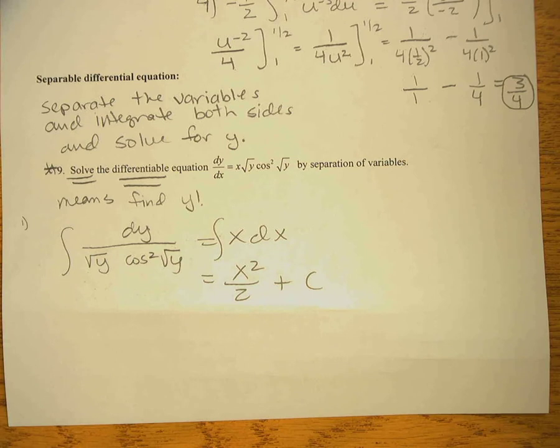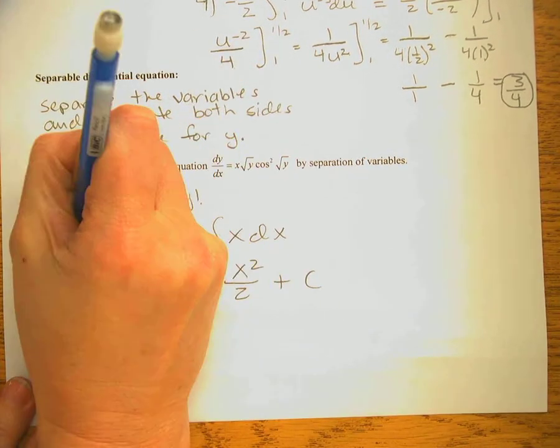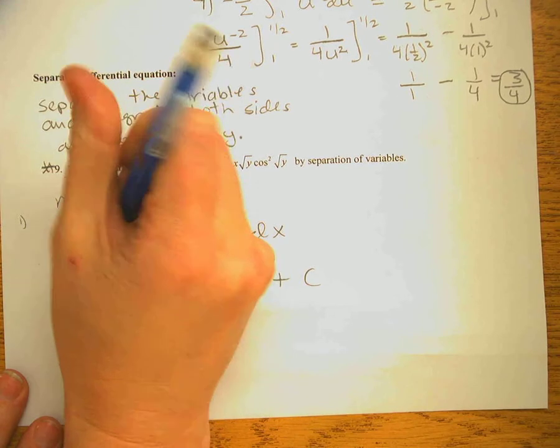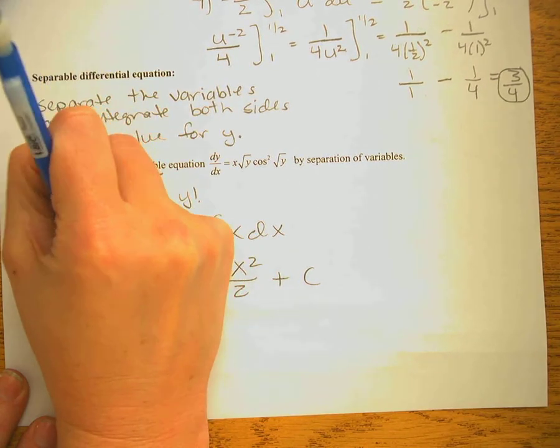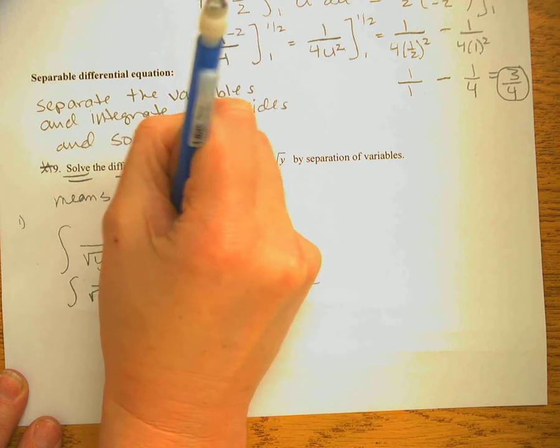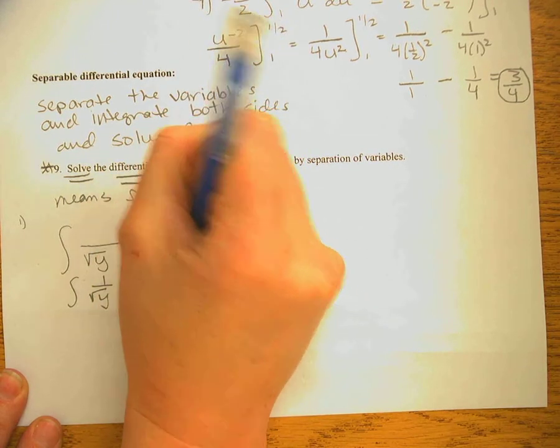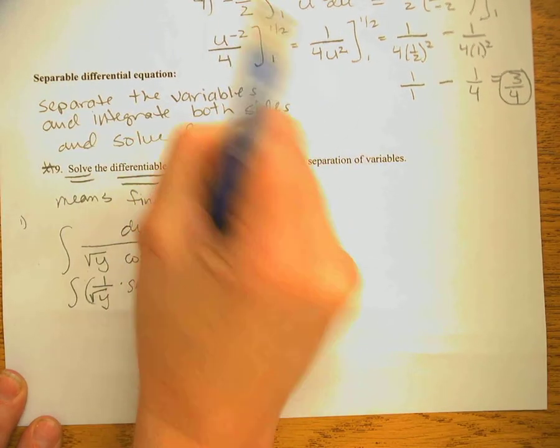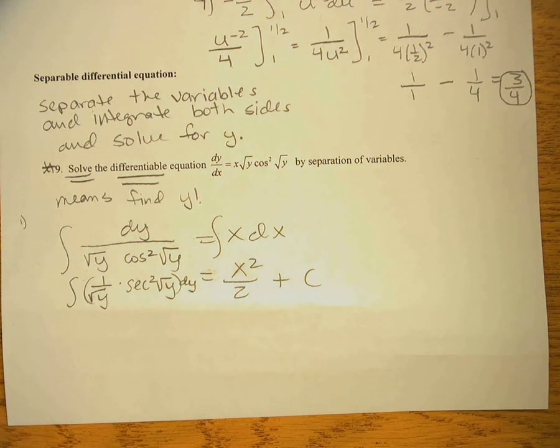I want to get rid of the rad y because this is another one of those problems. Let's rewrite this. This is one of those problems where you have 1 over rad y times really secant squared rad y. That's really what we have. And then all of that times dy. Because it's 1 over cosine squared, that's really secant squared. And then it takes the fraction part of it out.